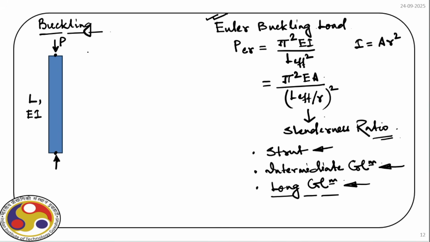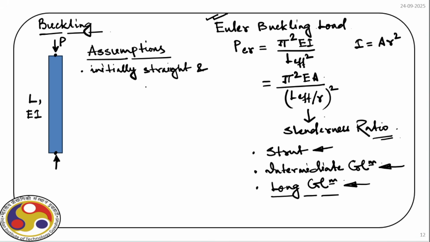So the assumptions. Now the first assumption is that the column is initially straight and it is axially loaded.